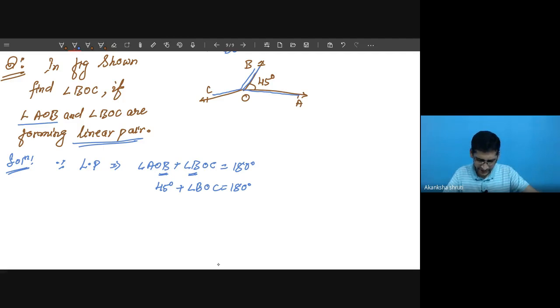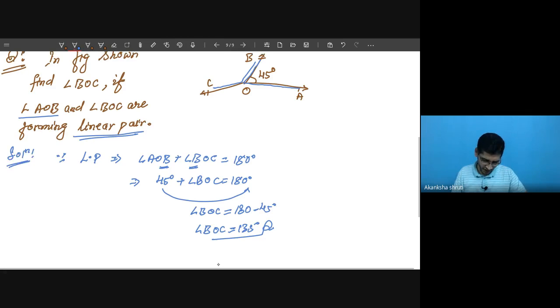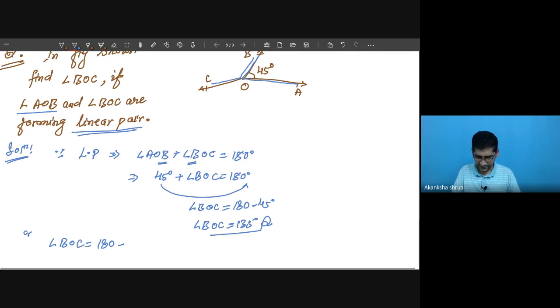So now, solving this, this 45 has to be sent to the right hand side. You will be left with BOC is equal to 180 minus 45. So angle BOC, subtracting this, is 135 degrees. So this is the answer. Since it is linear, you can directly calculate BOC as 180 minus 45, even from the figure.